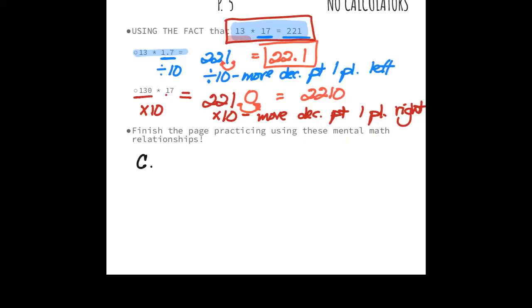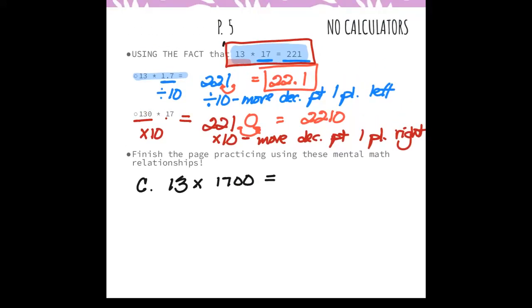All right. Somebody give me letter C. 13 times 1,700 equals, right? All right, so go from our base problem. I know it's got to have a 2 and a 1. What changed here?